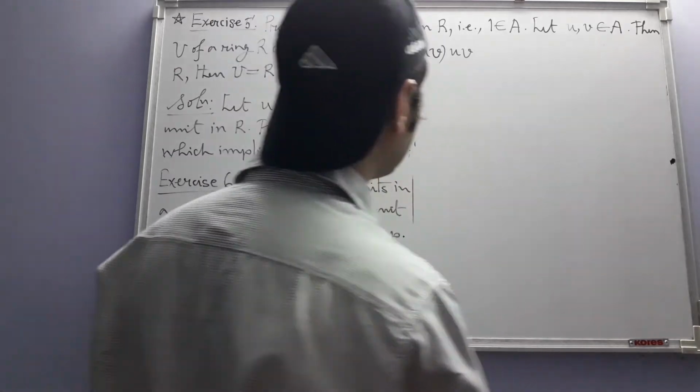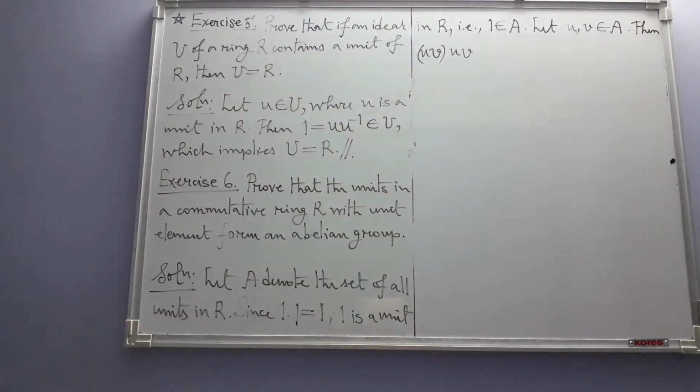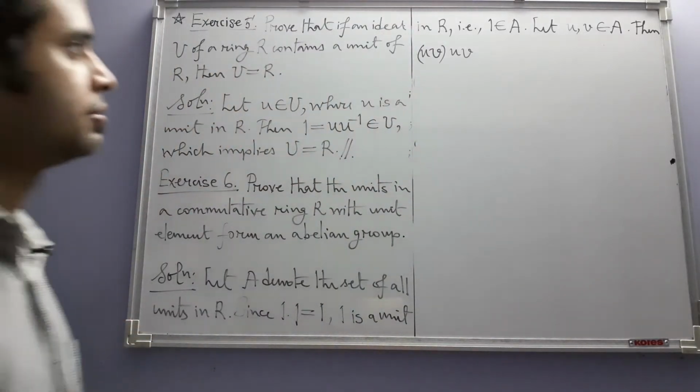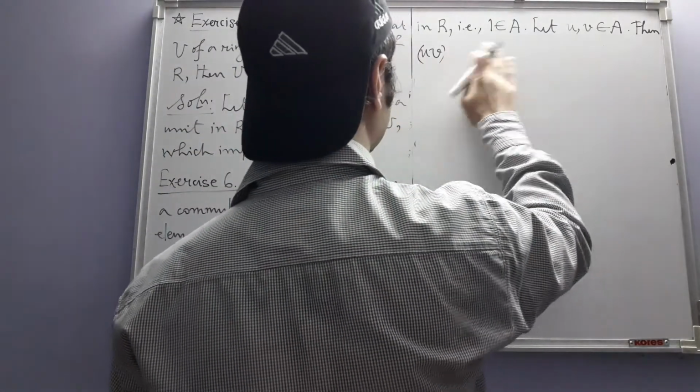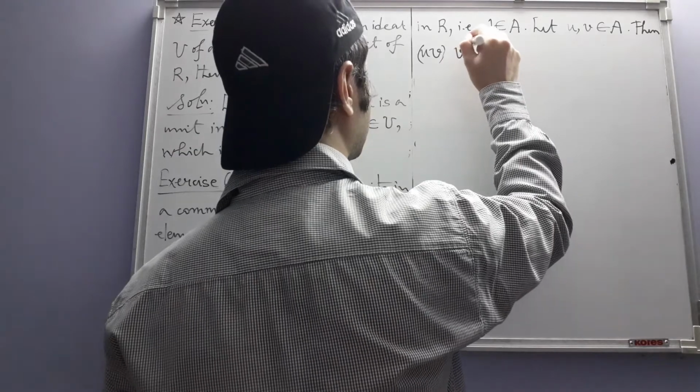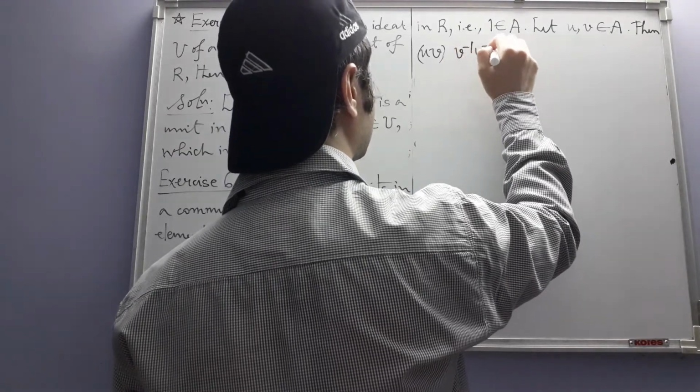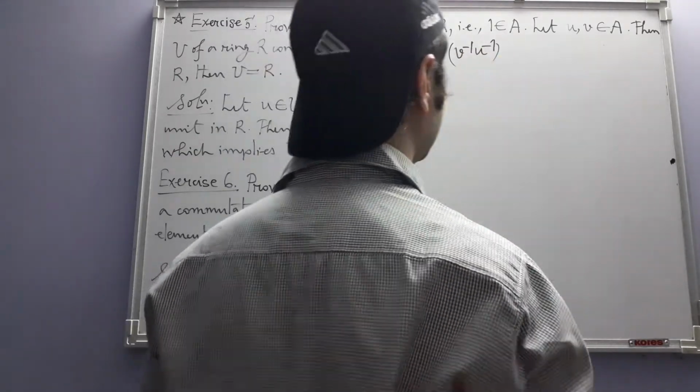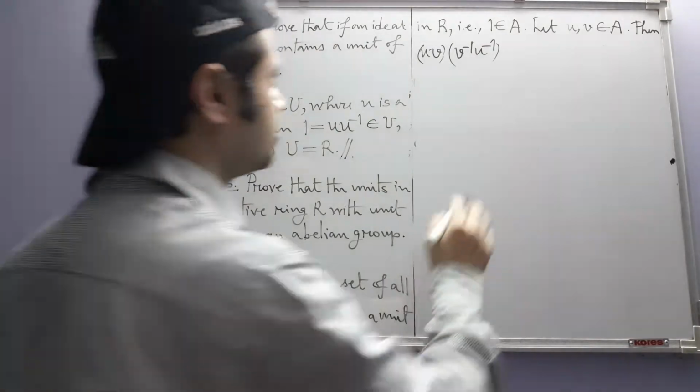Now we have to prove that uv is also a unit in R. For that, we show that this product will be equal to the unit element.